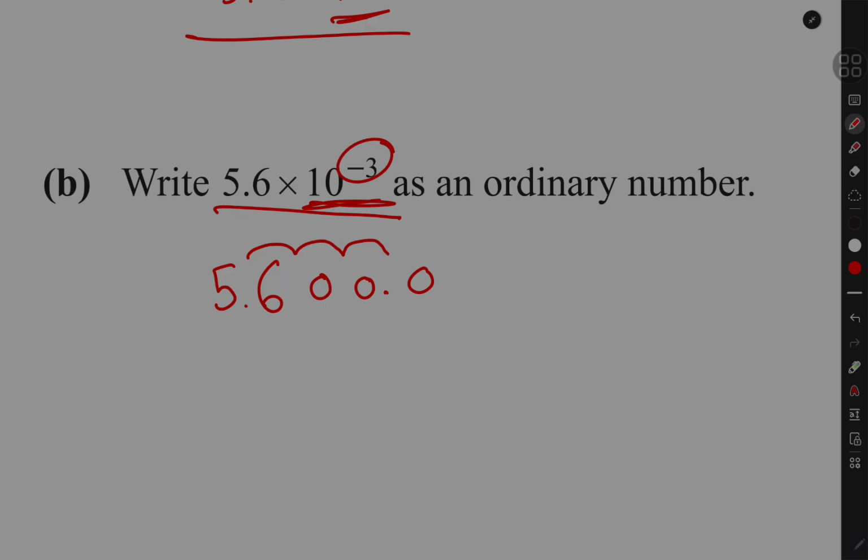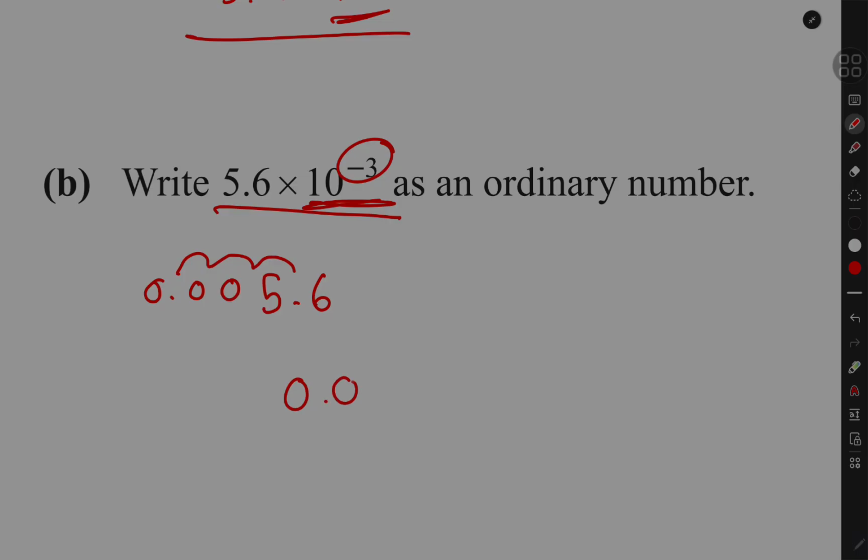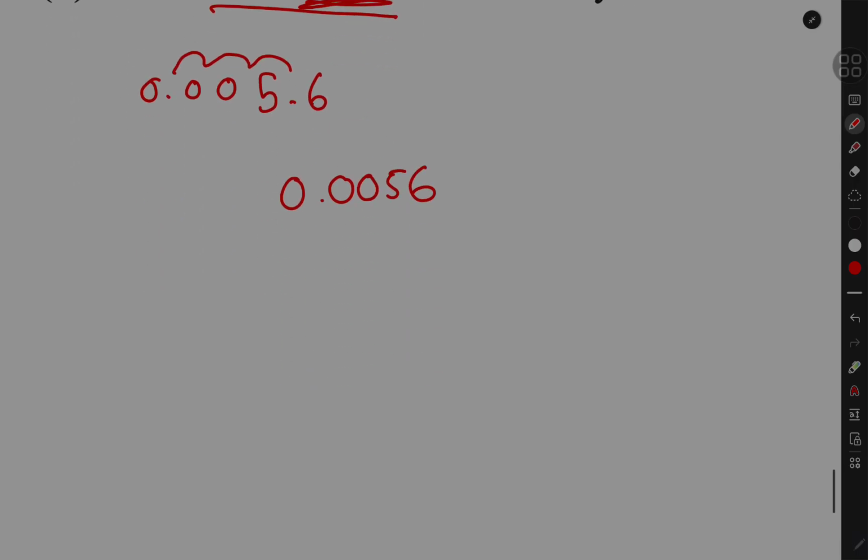Oh, this is negative 3. What am I even doing? Now this becomes 5,600. I don't want that because this is a very small number. So 5.6, the decimal place goes to the left. 1, 2, 3. 0.00. This is 0.0056.